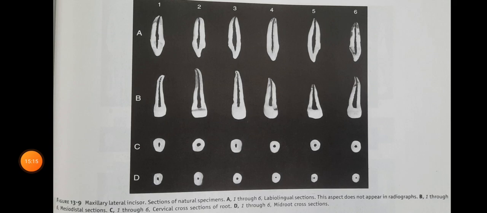Those teeth lacking this cervical enlargement of the pulp chamber possess a root canal that tapers slightly to the apical constriction. You can see this in figure 13.9 A4 and 6, right?